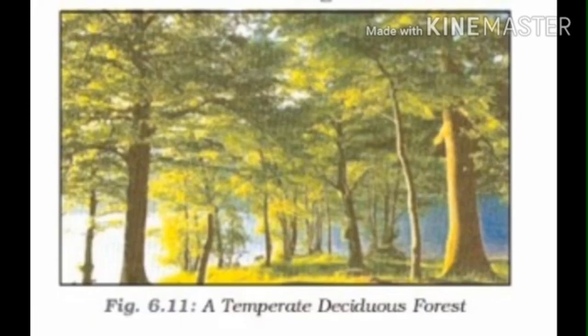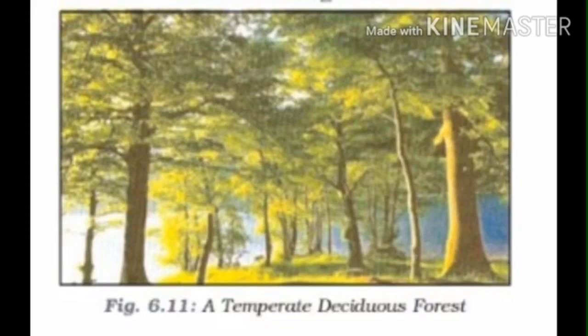Then temperate deciduous forest. This type of forest sheds its leaves in winter season, especially in winter. Trees of this forest have thick trunks and broad leaves. Then it requires moderate temperature and rainfall. Clear?